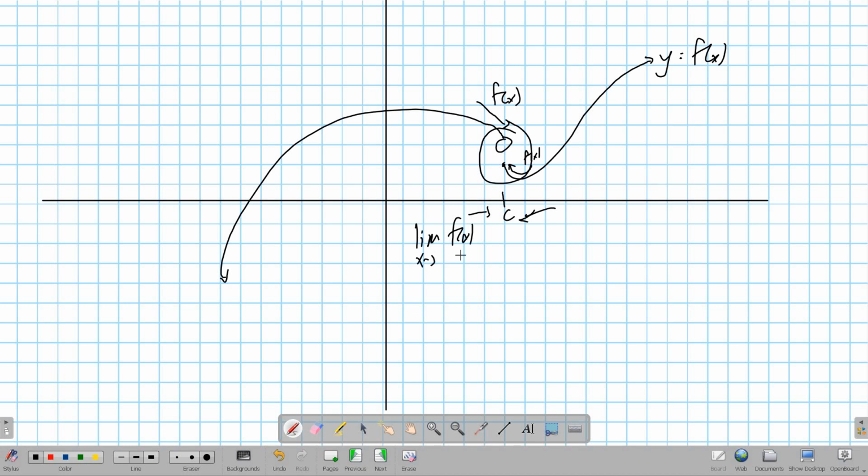as x approaches c. Again, we have different techniques to look into the limit of a function. If the function is well behaved, then the limit of f of x as x approaches c would simply be f of c.